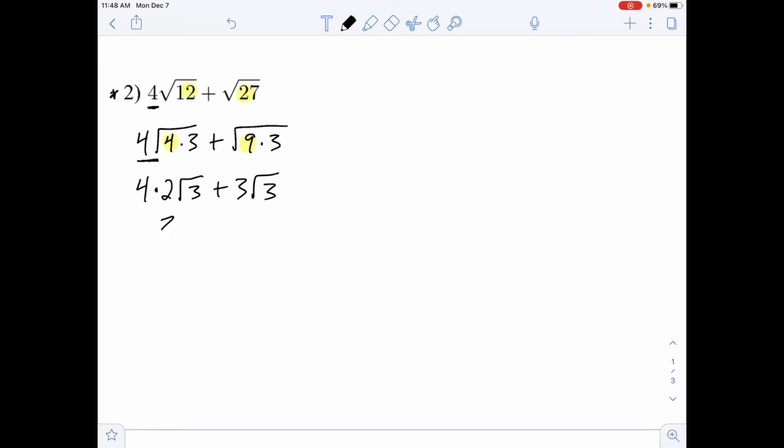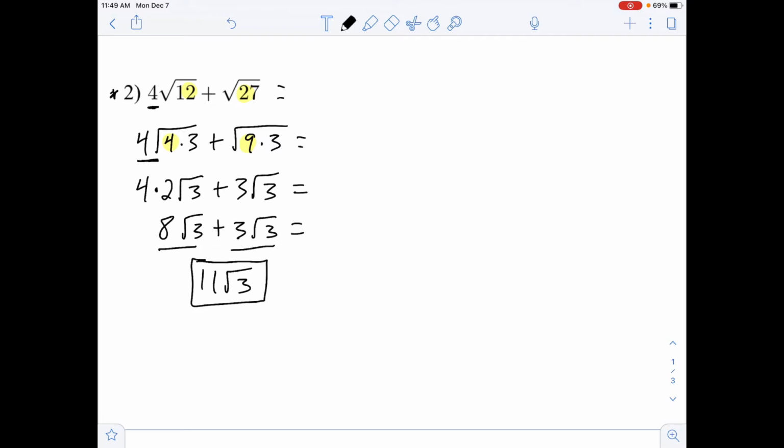Then 4 times 2 gives you 8 square roots of 3 plus 3 square roots of 3. I missed my equal signs here. And then what does that become? Well, 8 square roots of 3 plus 3 square roots of 3 is going to give us 11 square roots of 3. And that is finished.